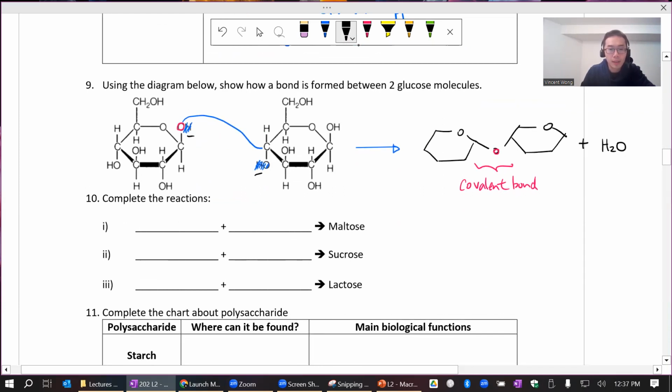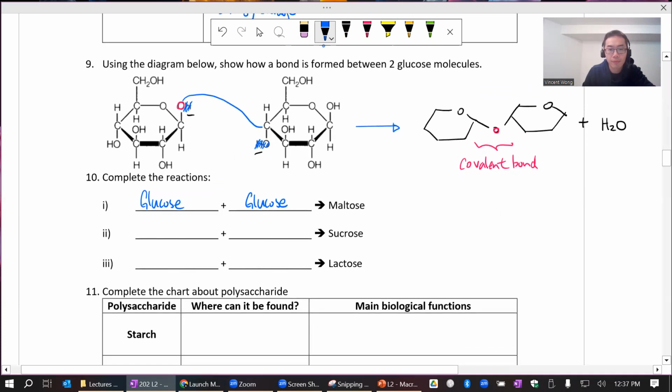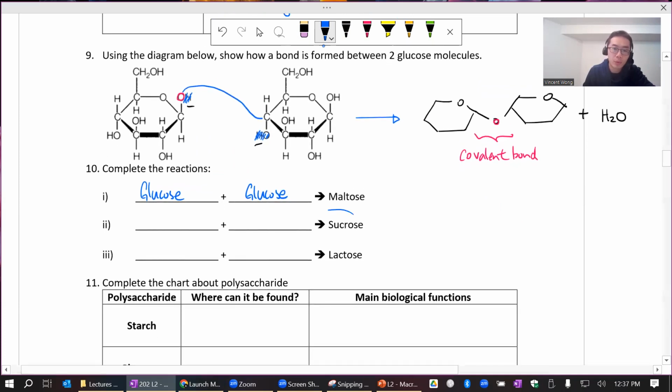So let's try to fill this out together as well. To get maltose, we need to have a glucose plus a glucose. How do we get sucrose? Does anybody remember? What are the 2 things? Glucose and galactose.